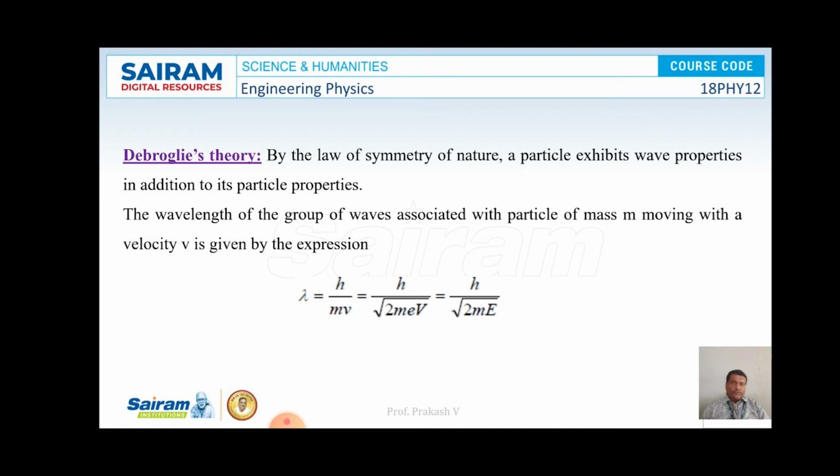If an electron is accelerated through a potential difference V, then the de Broglie wavelength associated with it is given by h by square root of 2meV, where V is the voltage with which it is accelerated. Similarly, if capital E is the energy of the electron, then the de Broglie wavelength associated with the fast moving electron is given by h by square root of 2mE. So this is the expression given by de Broglie.